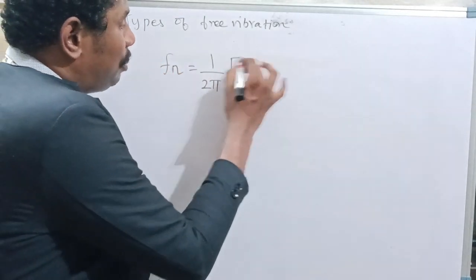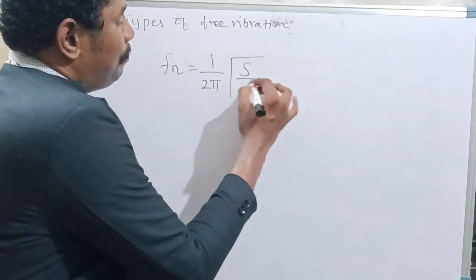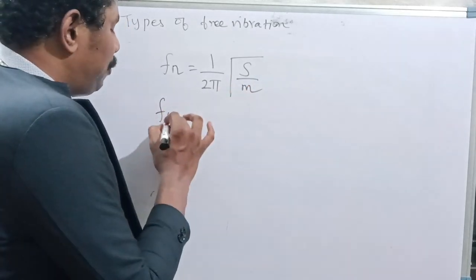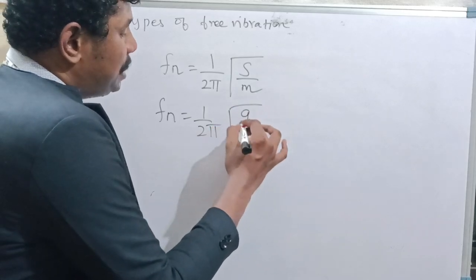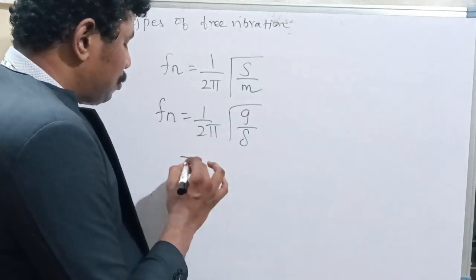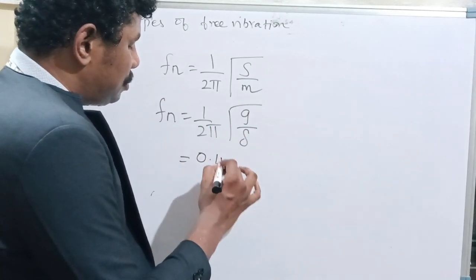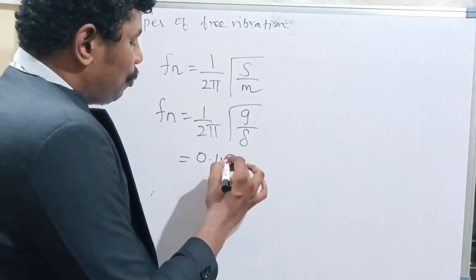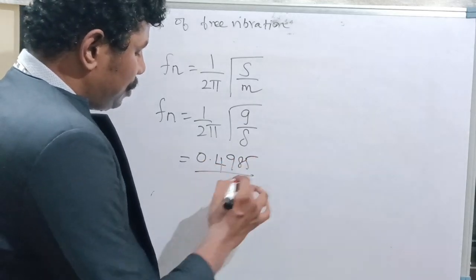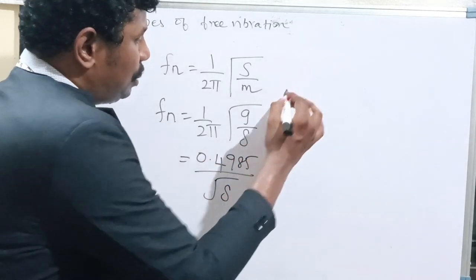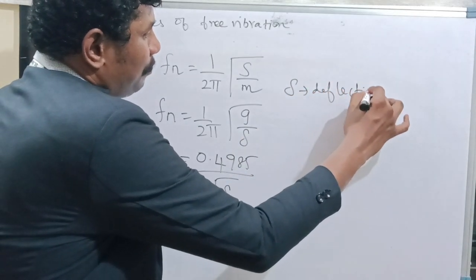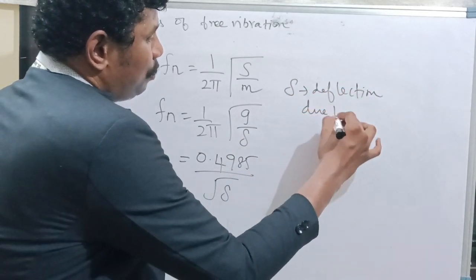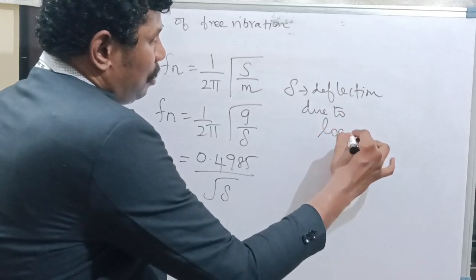is 1 by 2 pi root of S by M, or frequency is equal to 1 by 2 pi root of g by delta. So this can be written as 0.4985 by root delta. So delta is nothing but deflection due to load.